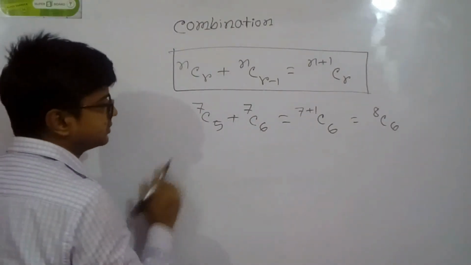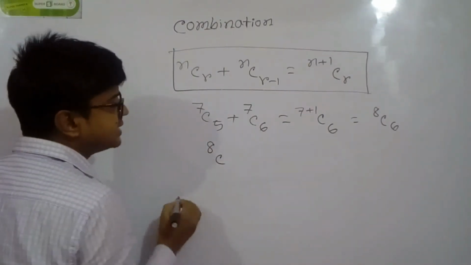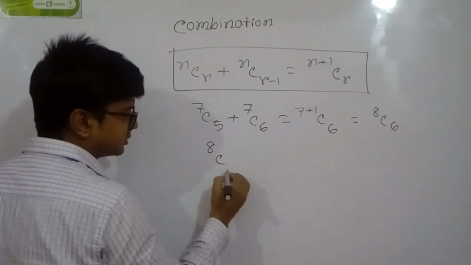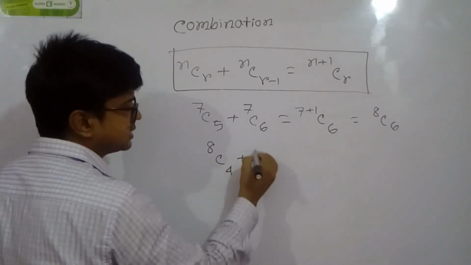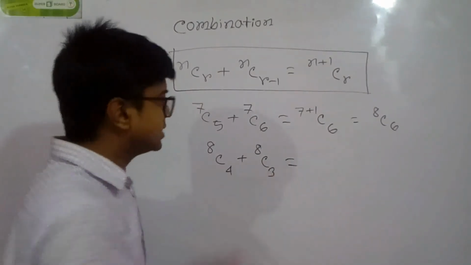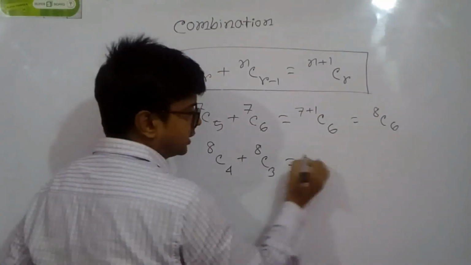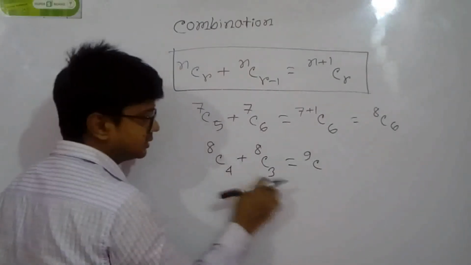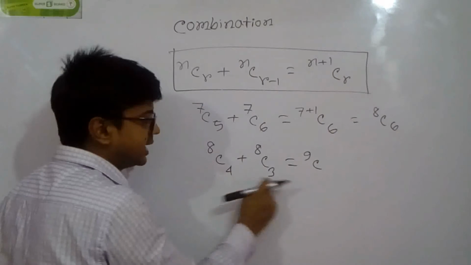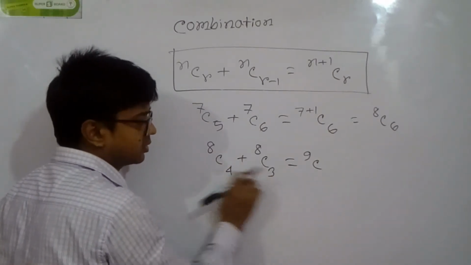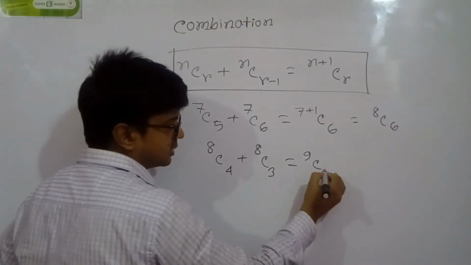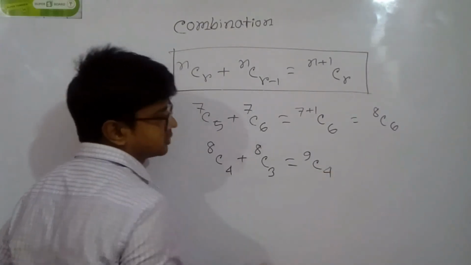Another example is 8C4 plus 8C3. Here the answer will be 8 plus 1, 9C. Here 3 and 4 are two consecutive numbers and 4 is greater than 3, so here we put 4.